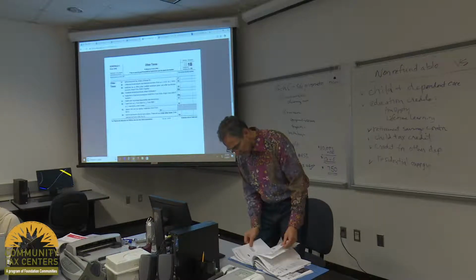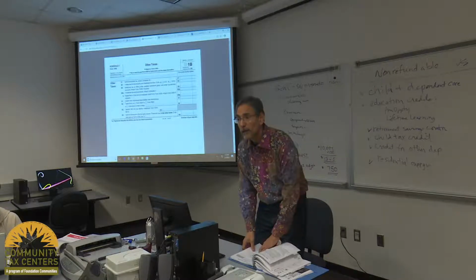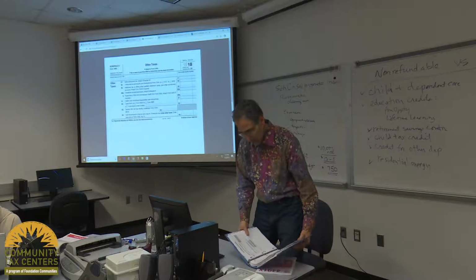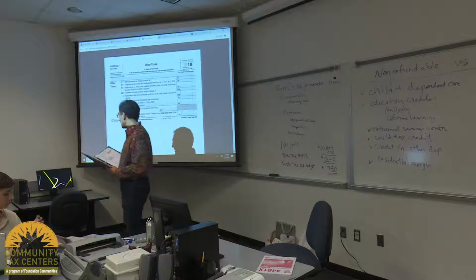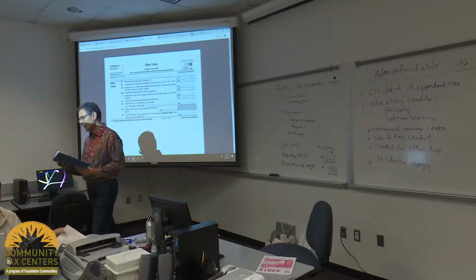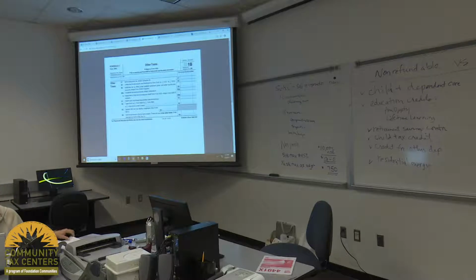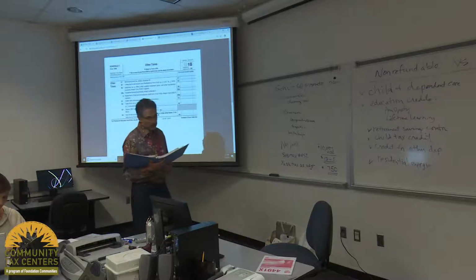We should be able to find those, and they are on H4. If you look on H4, everybody with me on that? There's the exceptions in the codes that could potentially turn off a 10% penalty for an early distribution. And like I was saying, you can read them.